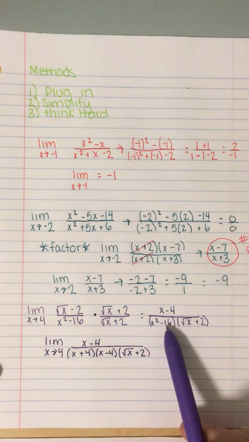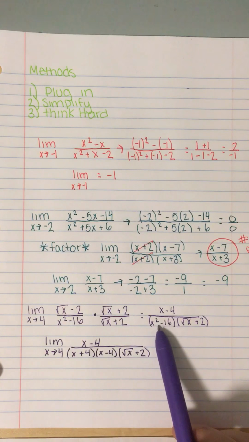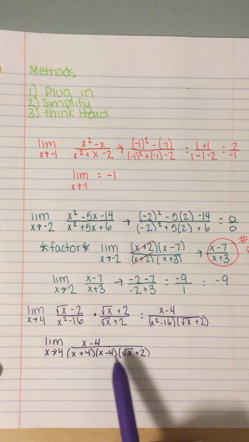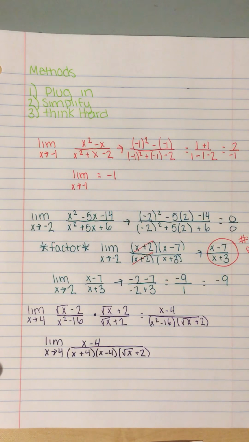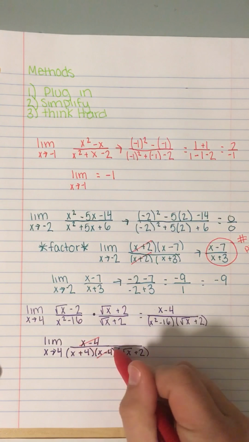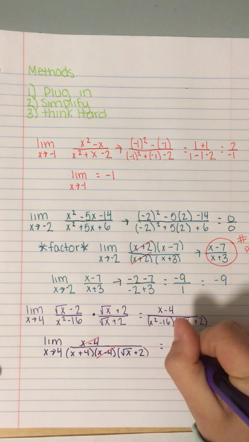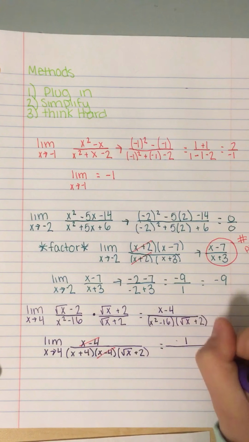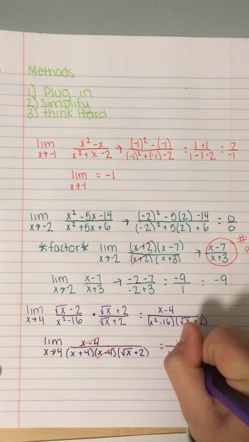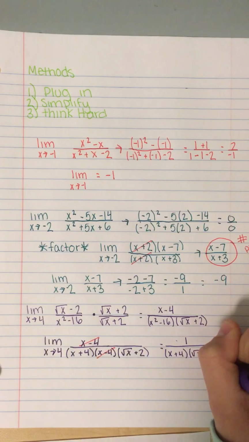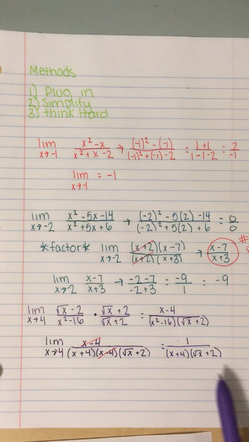As you see, we reverted back to our second rule in simplifying, and we simplified this to get x plus 4, x minus 4. Now that we've simplified, we can get rid of the x minus 4's, and we're going to just write it as 1 over x plus 4 times the square root of x plus 2. So we're going to end up with this.